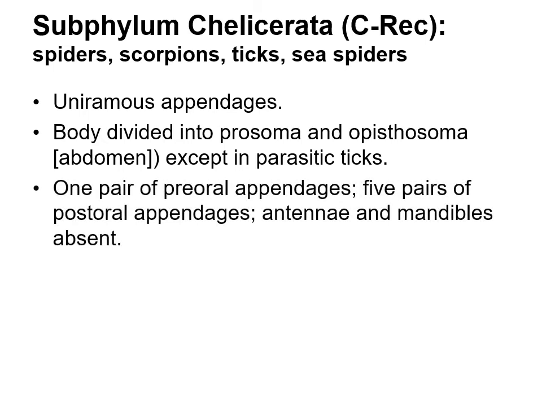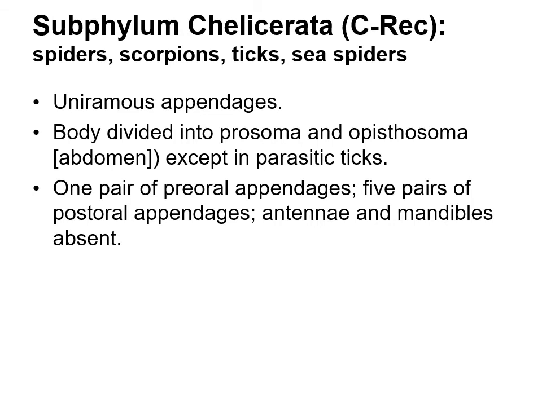These have one pair of preoral appendages, and then 5 pairs of postoral appendages, with antennae and mandibles being absent. So if you think of a spider, okay, which some people prefer not to, but we're going to have to. One pair of preoral appendages. These are things in the front like mouth parts. And then 5, sometimes, I should say 5 or 4 pairs of postoral appendages.